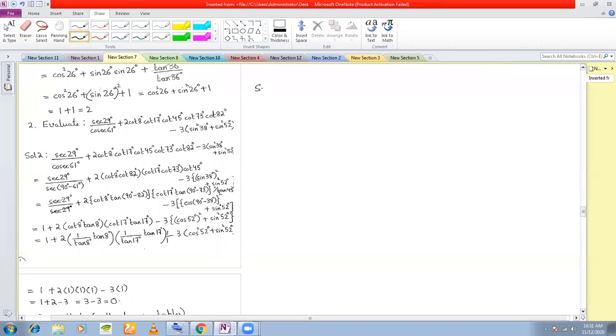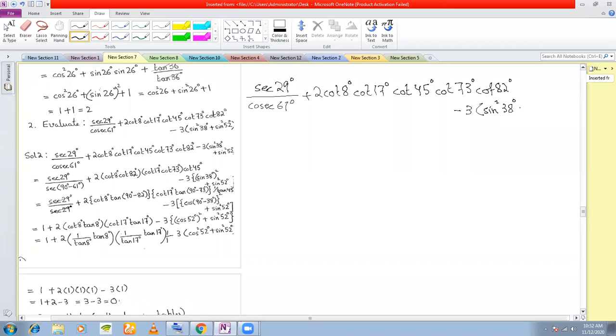The question is: evaluate sec 29 degree divided by cosec 61 degree plus 2 cot 8 degree, cot 17 degree, cot 45 degree, cot 73 degree, cot 82 degree, minus 3 sine square 38 degree plus sine square 52 degree.